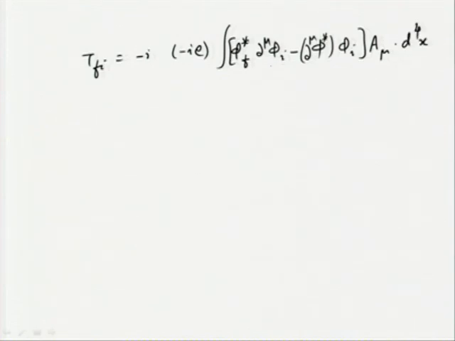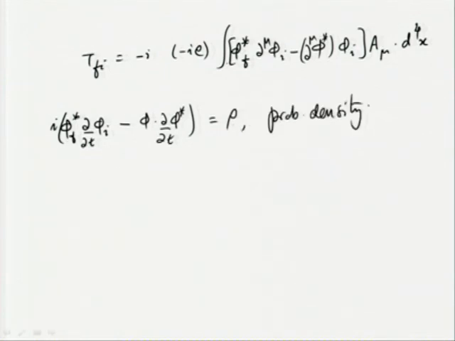Now, what is this term here? We have φ_f* ∂/∂t of φ_i minus φ_i ∂/∂t of φ_f*. Earlier we had denoted by ρ the probability density.